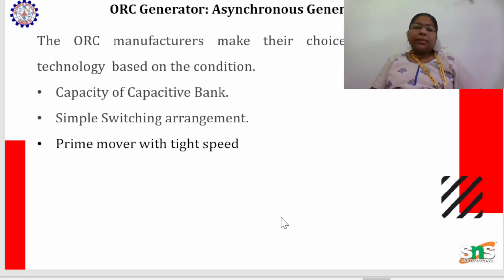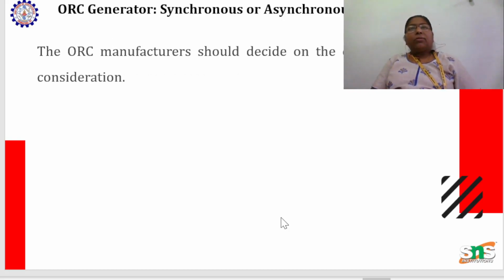In the case of an asynchronous generator, the capacity of the capacitor bank that has to be used has to be calculated, and the switching arrangement that is necessary has to be decided, and you need to have a very tight band to maintain the speed of operation above the synchronous speed. So all those criteria have to be considered.